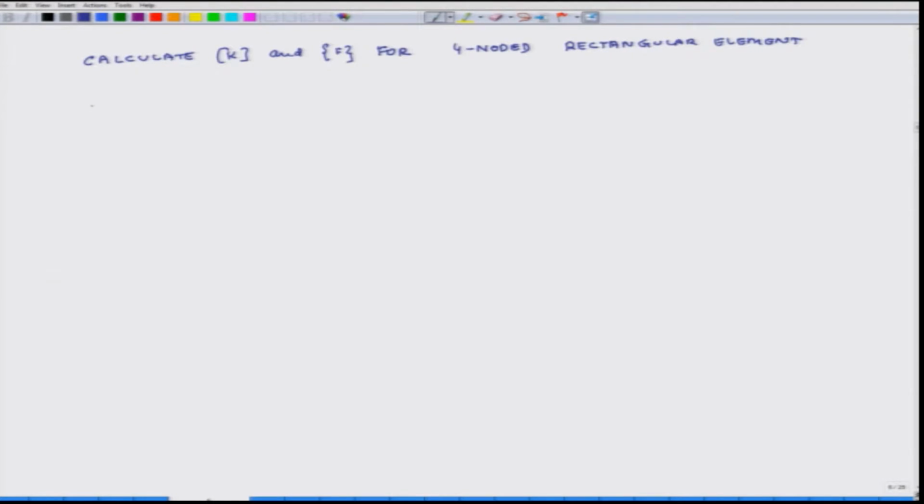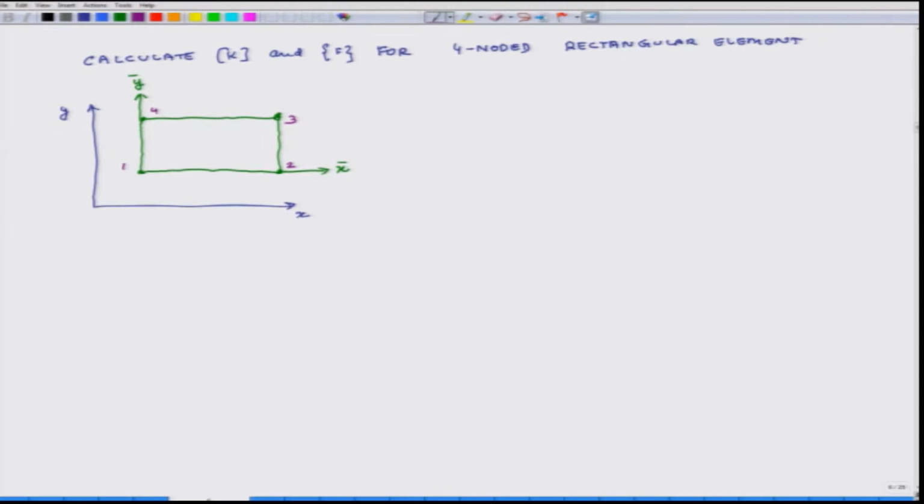Okay. So, these are my coordinates x and y, and we know that my rectangle was such that its coordinates are aligned to the axes, x and y axis, and then I had developed approximation functions for this 4-noded element in local coordinate system x bar and y bar, and the 4 nodes are 1, 2, 3, 4.